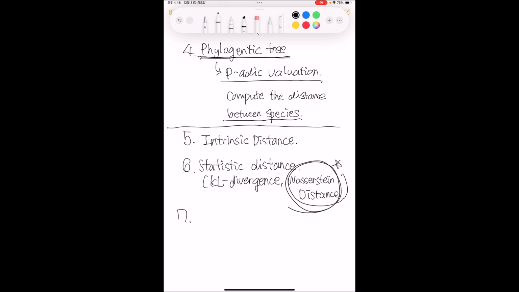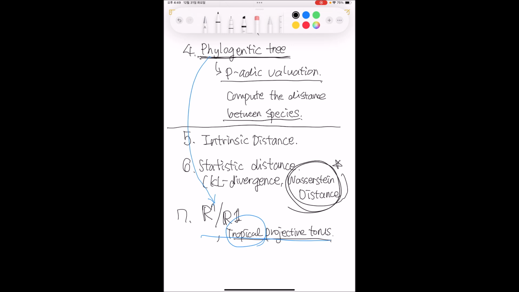The tropical torus, precisely, the name is tropical projective torus. If we understand the tropical projective torus, that is related to the phylogenetic tree, the relation between the phylogenetic tree and the tropical projective torus.